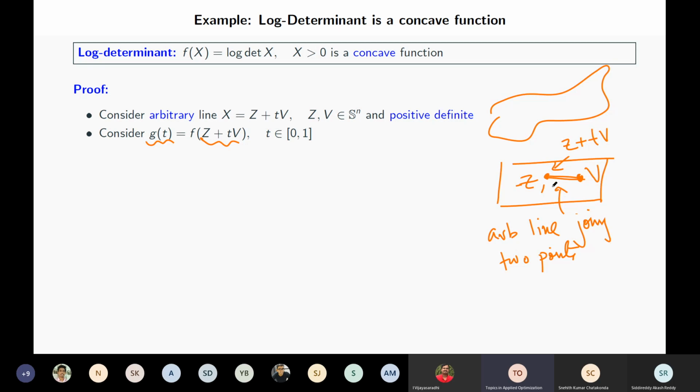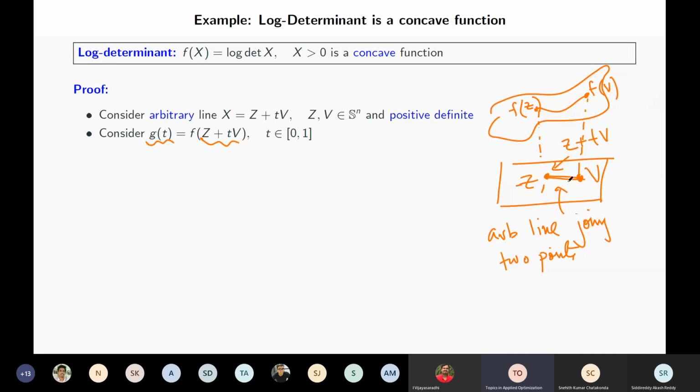If we can prove that for any 2 points and the line joining them the function is convex, then we are done. The function takes some values here: this is f of Z, and this value is f of V. This is the height of the function, the value taken by the function here. So this is the line joining these 2 points.